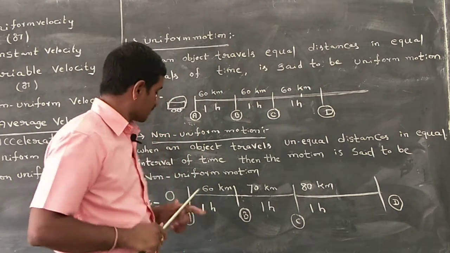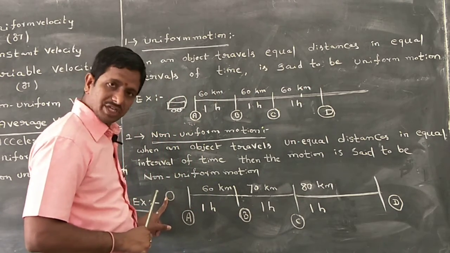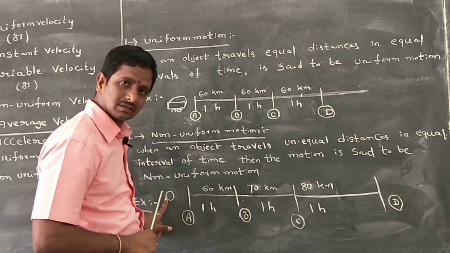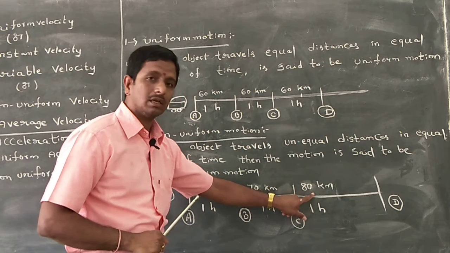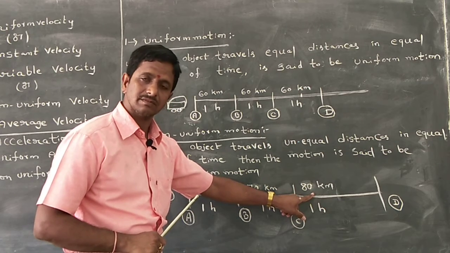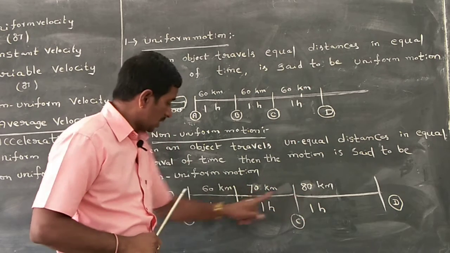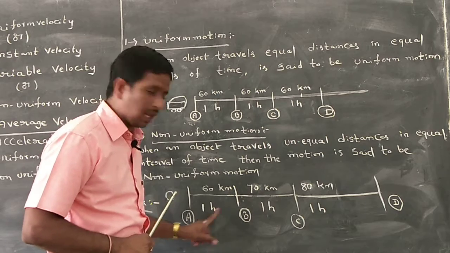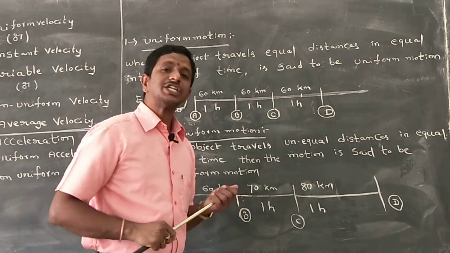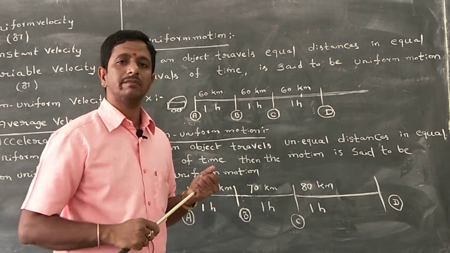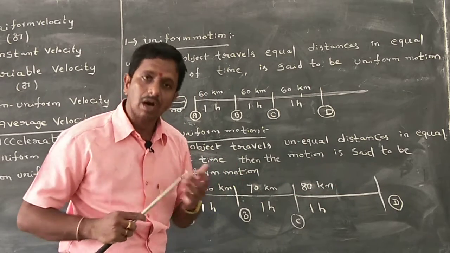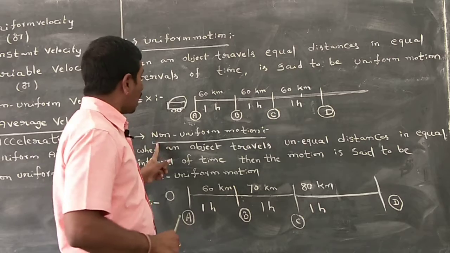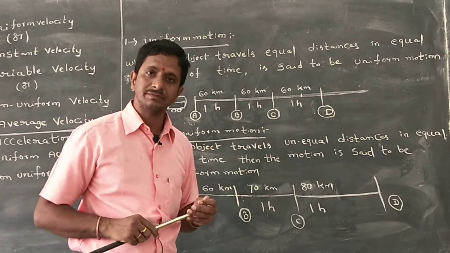That means an object which travels unequal distances in equal intervals of time, such a motion we call non-uniform motion.